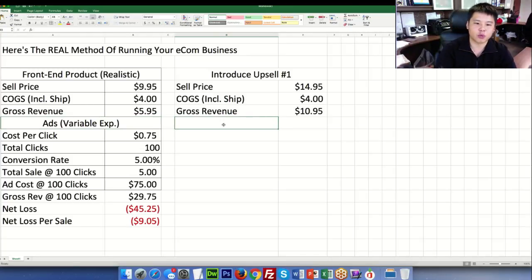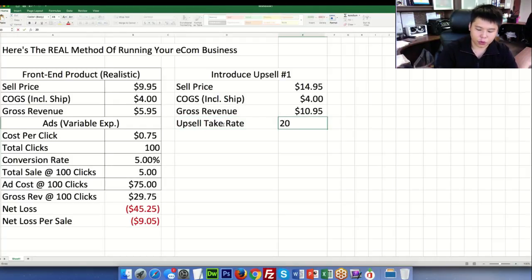So with that, here's what you take. Upsell take rate is going to be hovering around 20 to 30%. So I'm going to use 25% as this example.